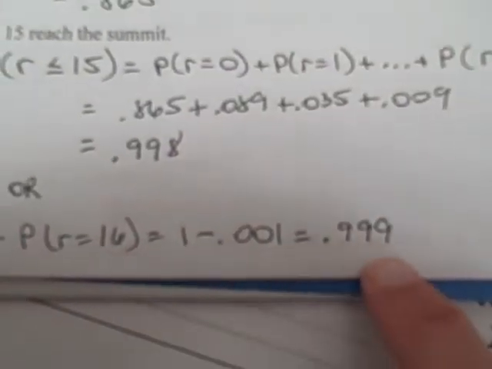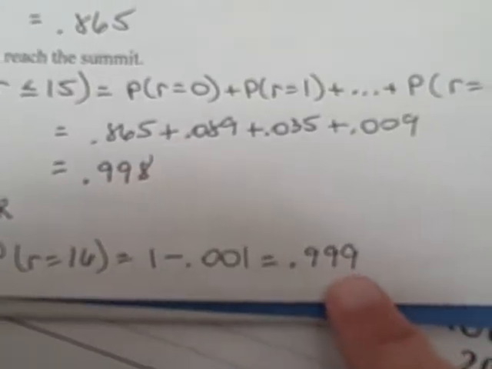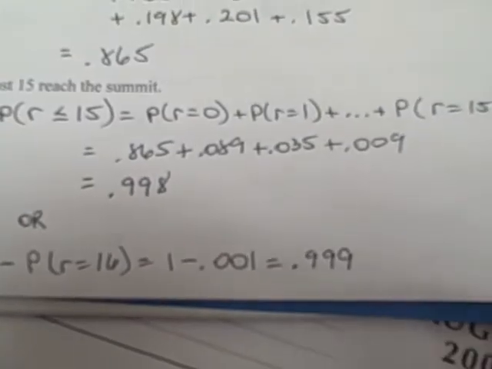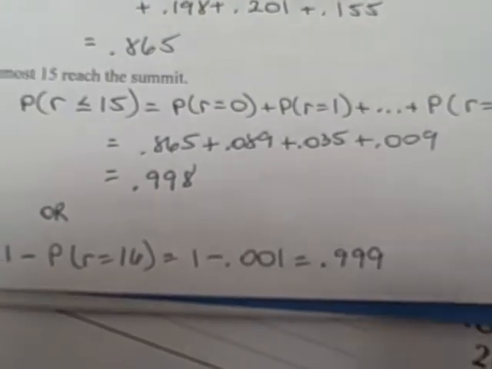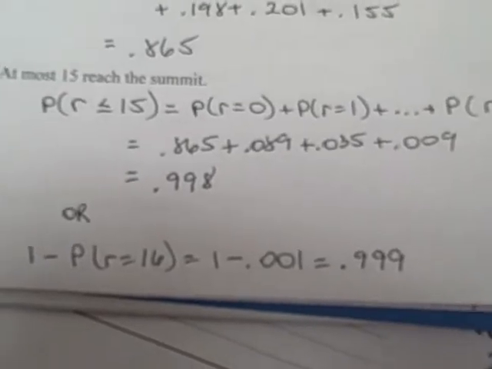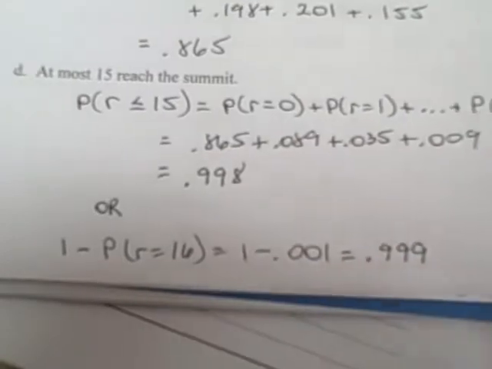That probability was 0.001, so 1 minus 0.001 gives 0.999. The answers are going to be off just slightly depending on how you work it, and that's only because they rounded to 3 decimal places. So it's very important you let me know how you worked the problem. Did you add up all of them, or did you do a 1 minus?